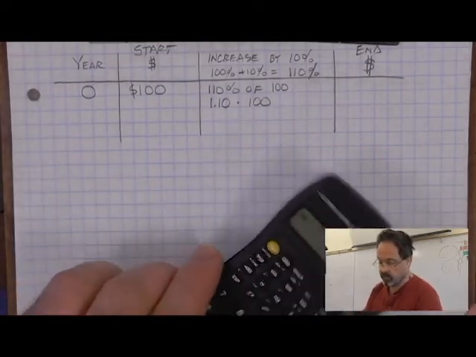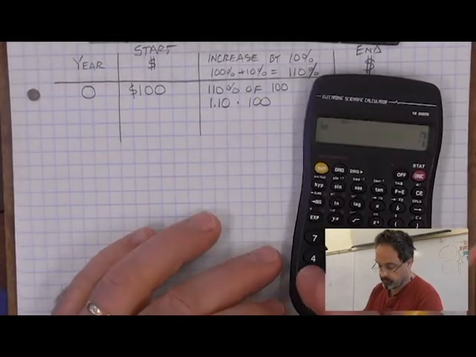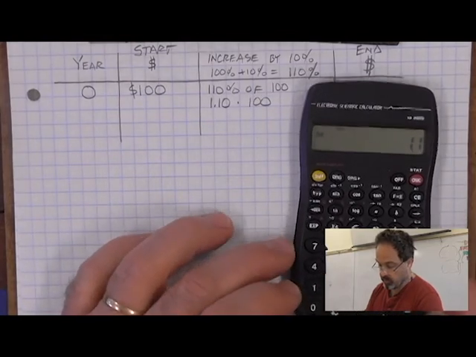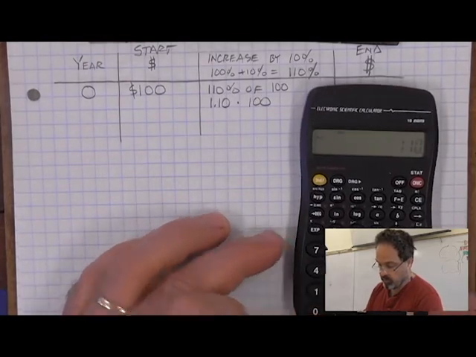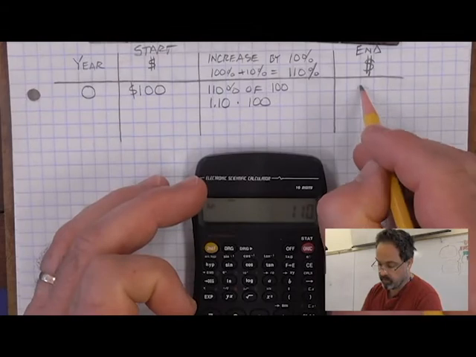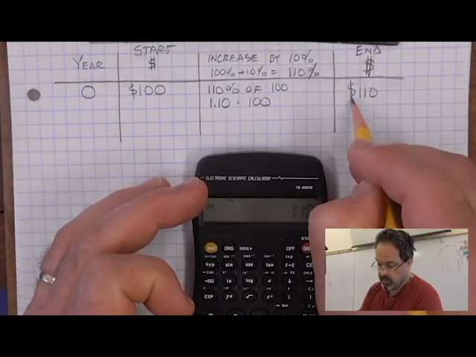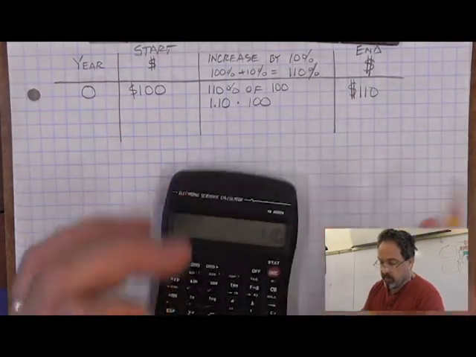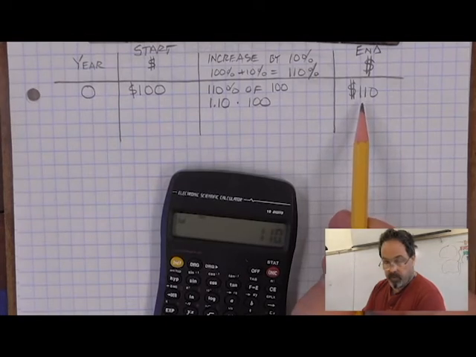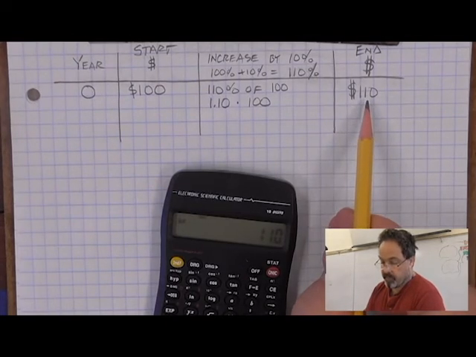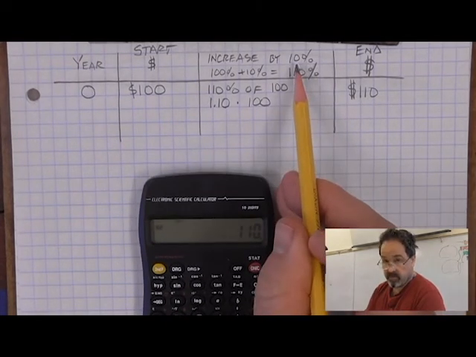Let's use a calculator to do that. 1.1 times 100 gives us 110. I've grown my money. We have $110 because we increased it by 10%.